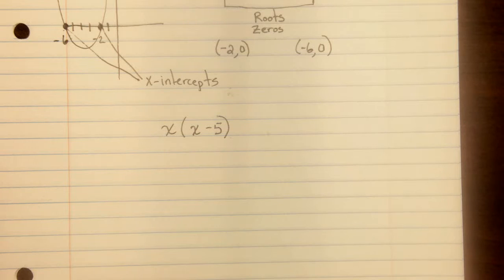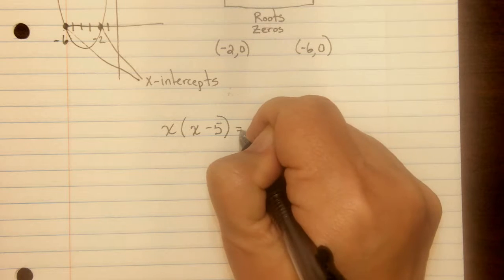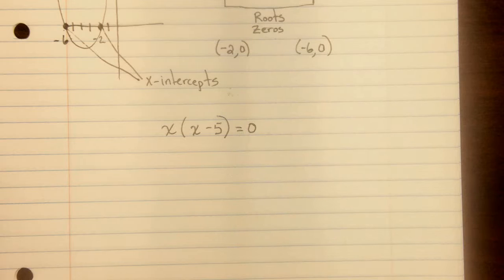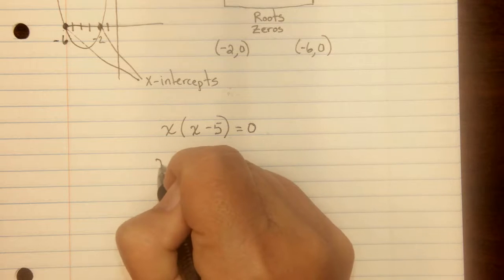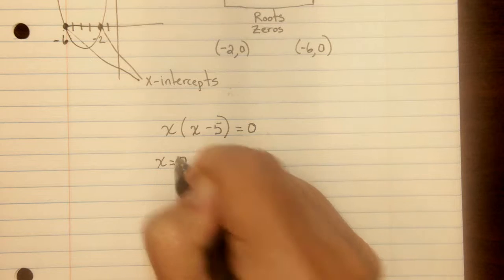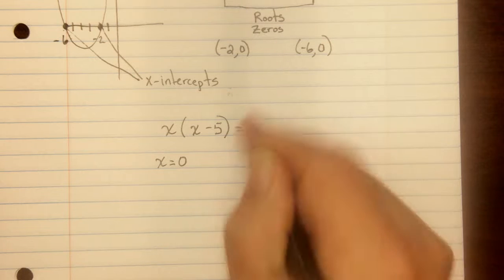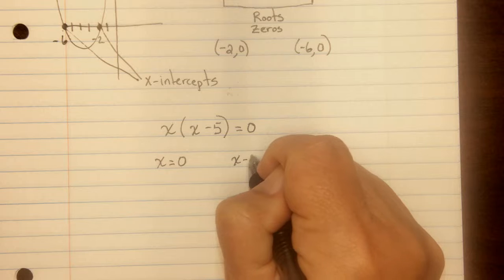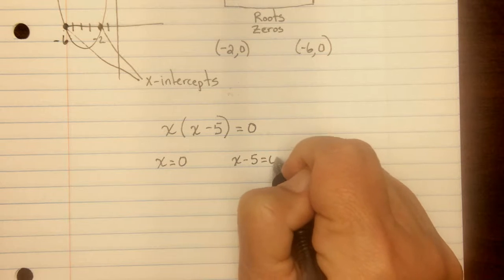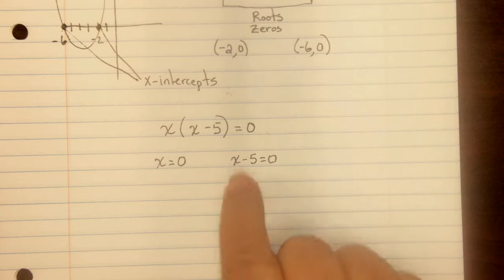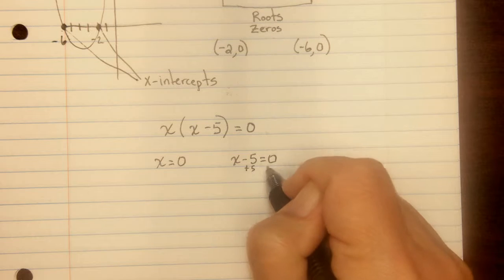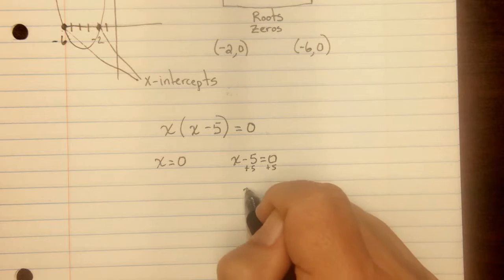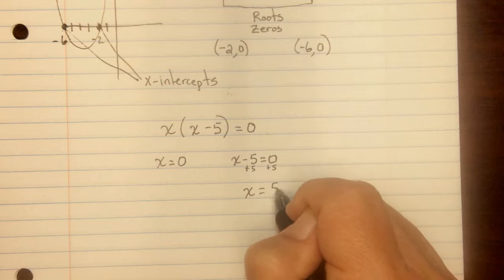So we take this polynomial and we set it equal to 0. So then that means this first factor x is equal to 0, or this x minus 5 is equal to 0. And if this x minus 5 is equal to 0, then I add 5 on both sides, and x is equal to 5.